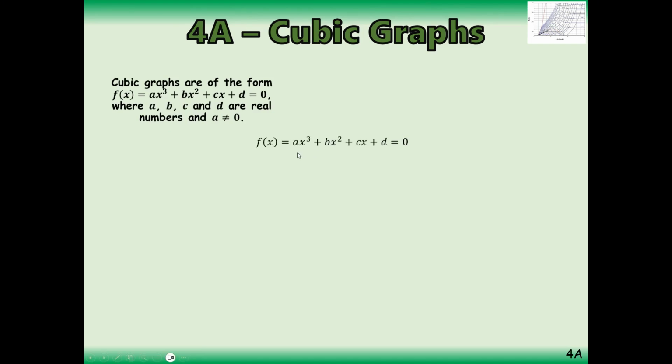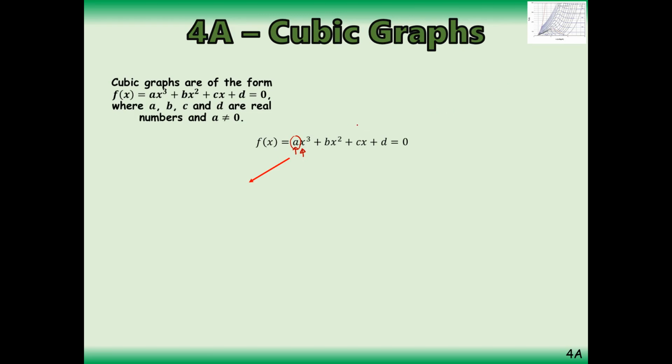What I mean is that the highest coefficient of x cubed is the most dominant part of this equation or this function here. Because as x increases, x cubed will be the highest value, and this term here, this constant a, will dominate what the actual value will be.